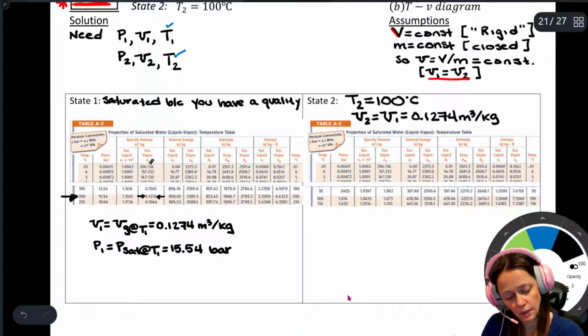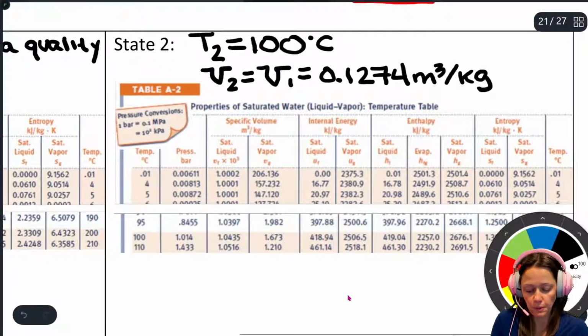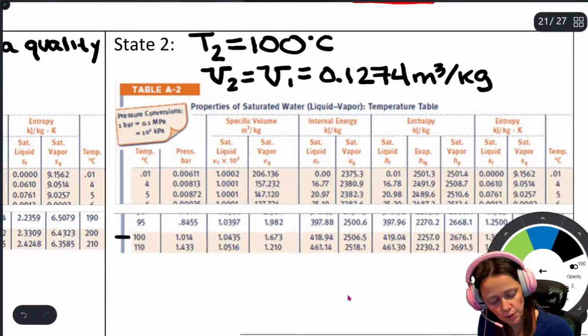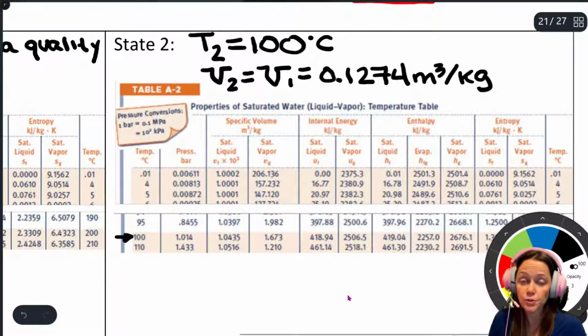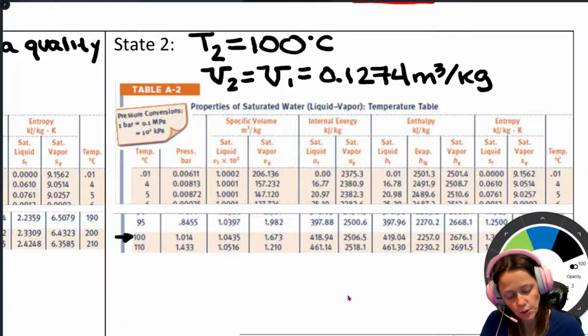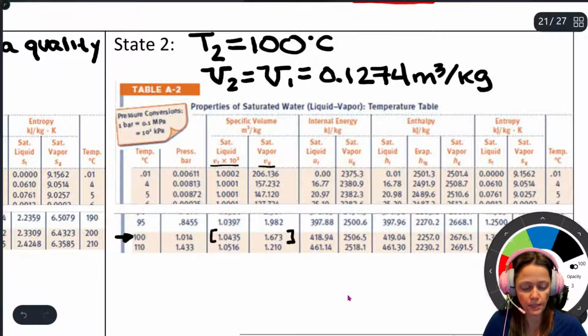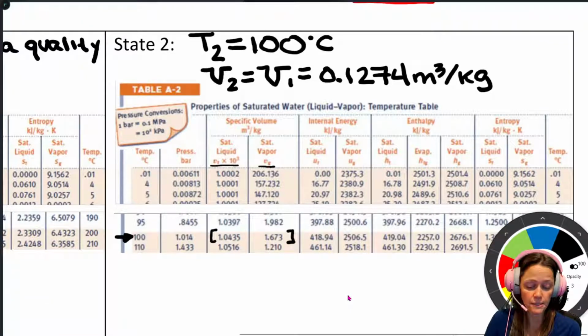So now we've got to figure out what phase we're in. I'm going to go to the saturated tables, the ones organized by temperature, to figure out what phase I'm in. I don't necessarily know I'm saturated. So at 100 degrees, if my water is saturated, it's got to be between the v sub f and the v sub g value. So it's got to be between 0.001043 meters cubed per kilogram and 1.673 meters cubed per kilogram.